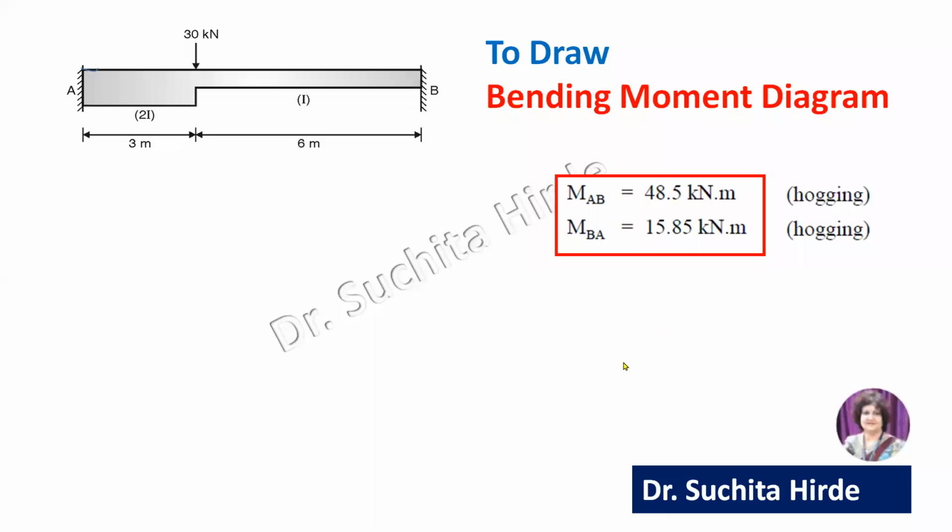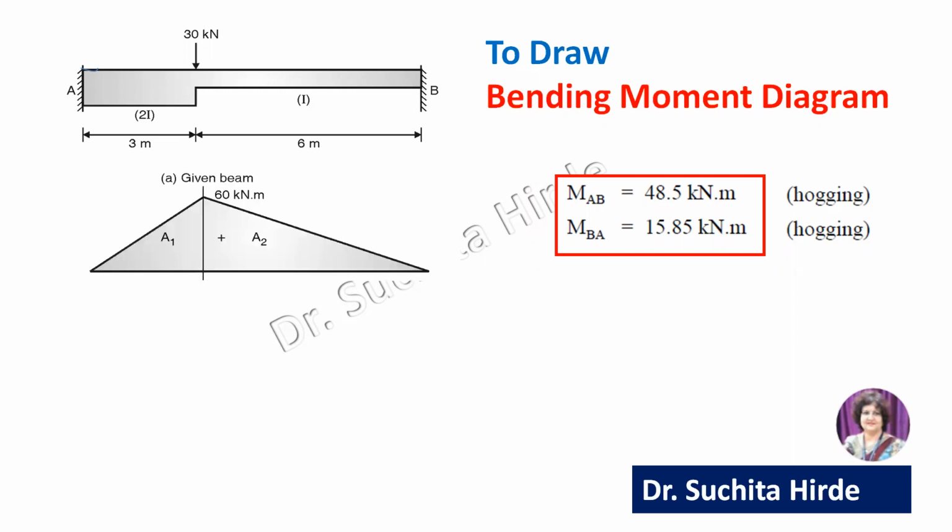Now the last step is to draw the bending moment diagram. Let us see how to draw it. First of all, we draw the bending moment diagram due to load, which we have already drawn initially. This is the diagram which is sagging. Sagging means like this. So we call it a positive diagram.